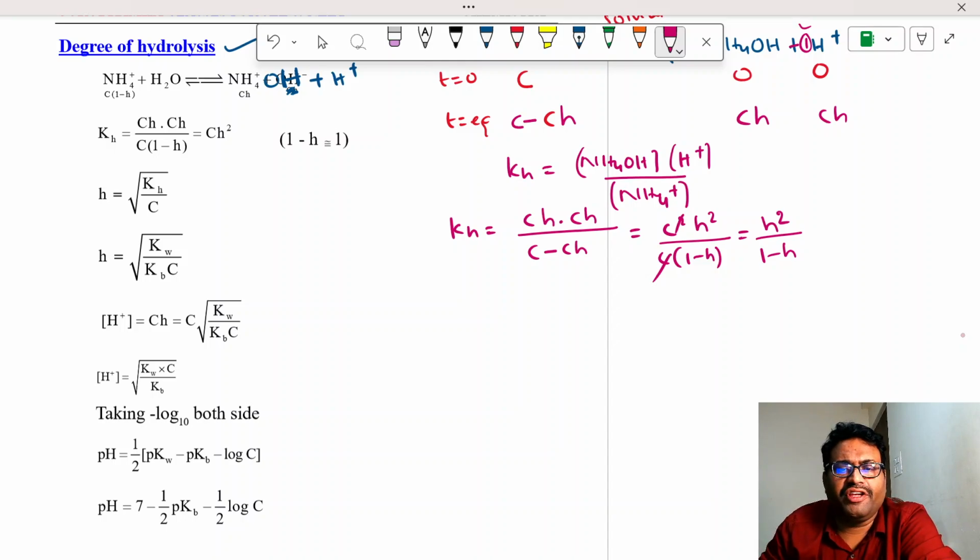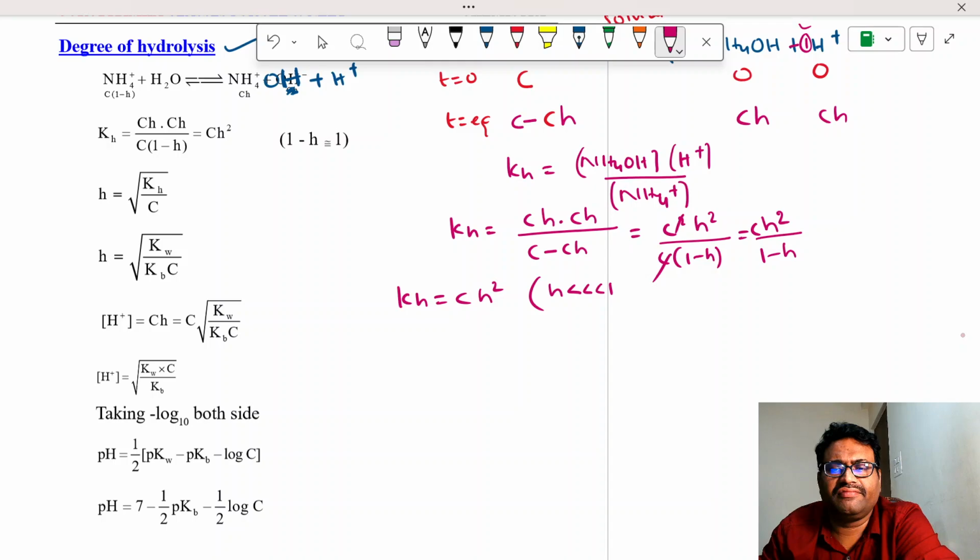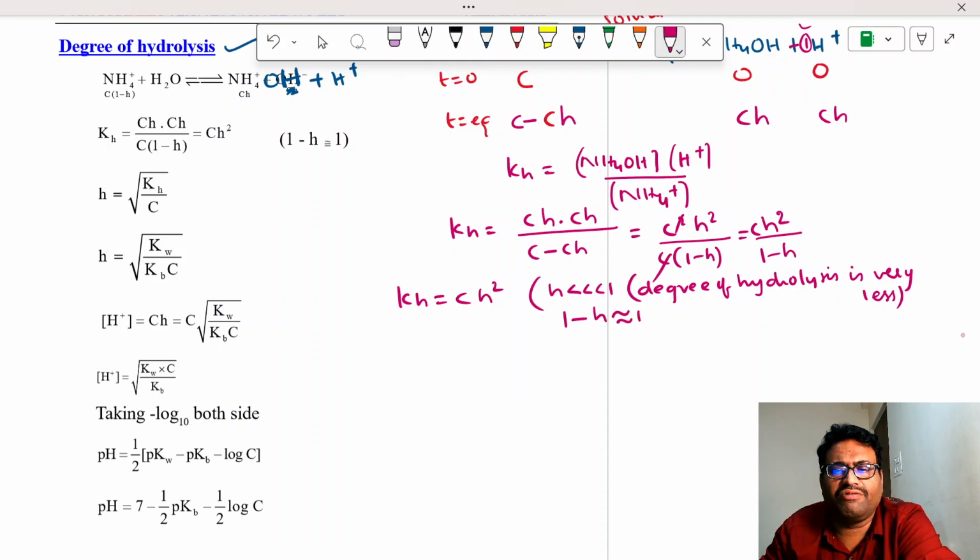If the degree of hydrolysis is very less, that means h is very much less than 1, then 1 minus h is almost equal to 1.